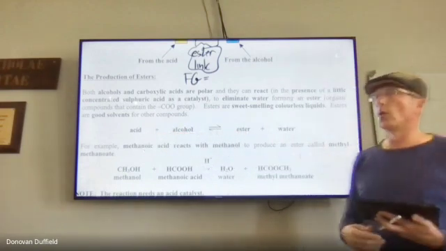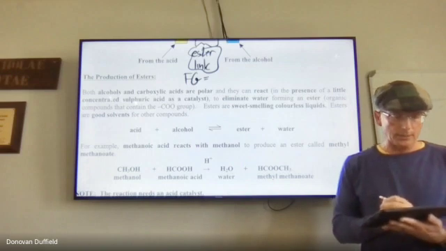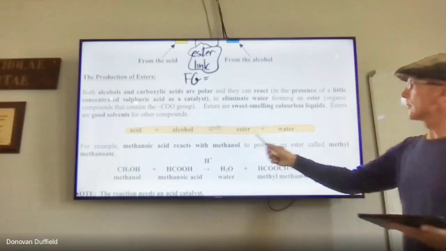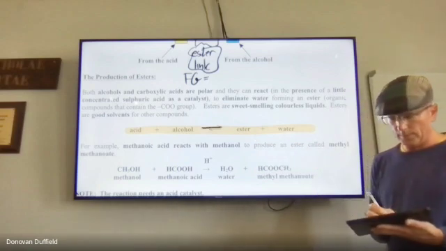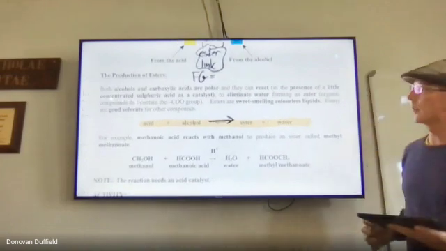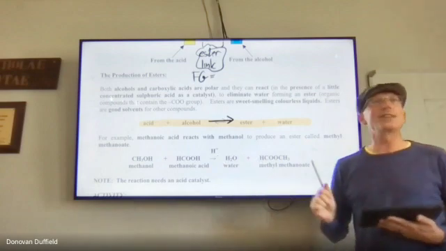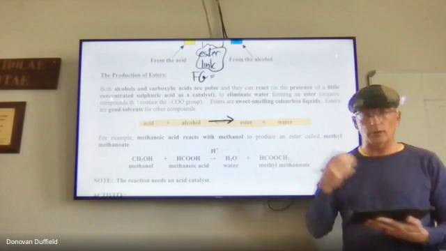Okay, so when we look at the standard reaction for the formation of esters, it's this one. An acid plus an alcohol produces an ester plus water. Now, we are not going to worry about the chemical equilibrium of it. We're not there yet. But what's very important is you need a catalyst, so you need a hydrogen ion donator.